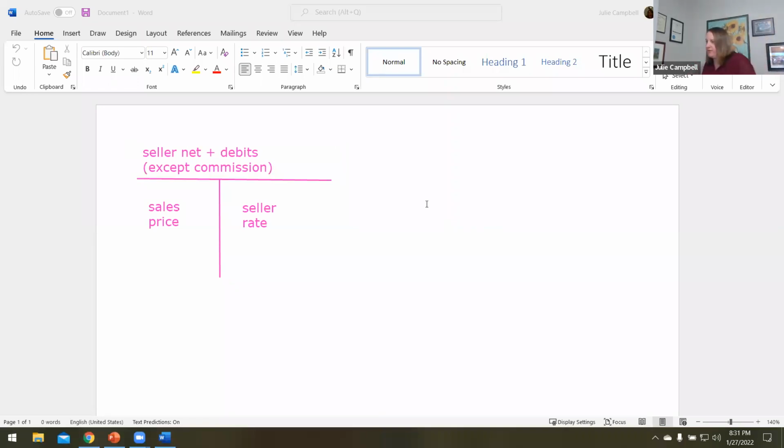So there's your T-bar, there's your formula. Scratch that.